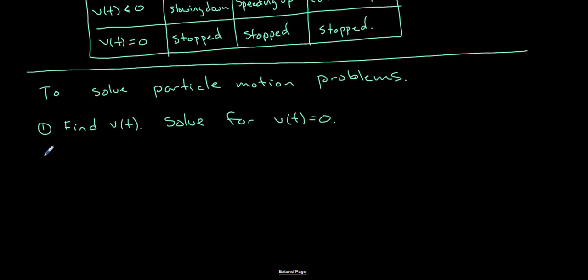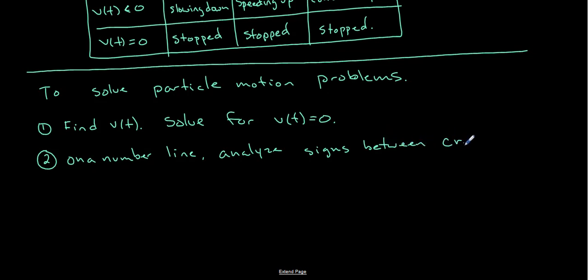Okay, so then number 2, on a number line, analyze the signs between critical numbers.